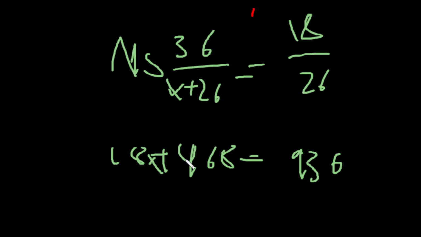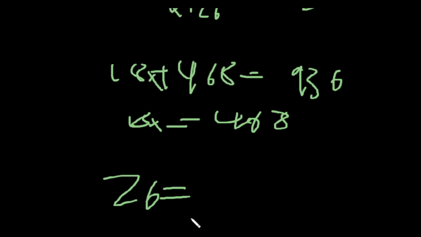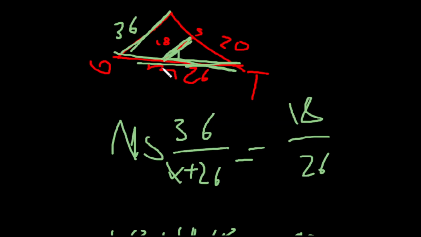So 936 divided by 18 gives 26. So in fact, this mid-segment is actually 26, which is half of this.